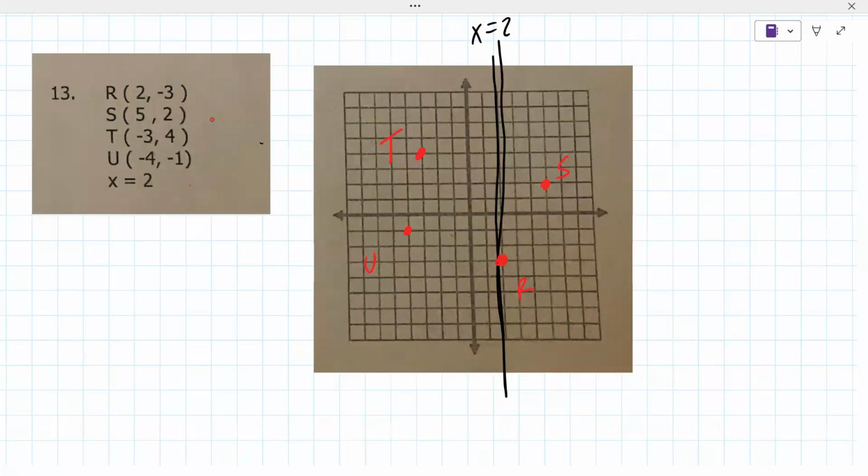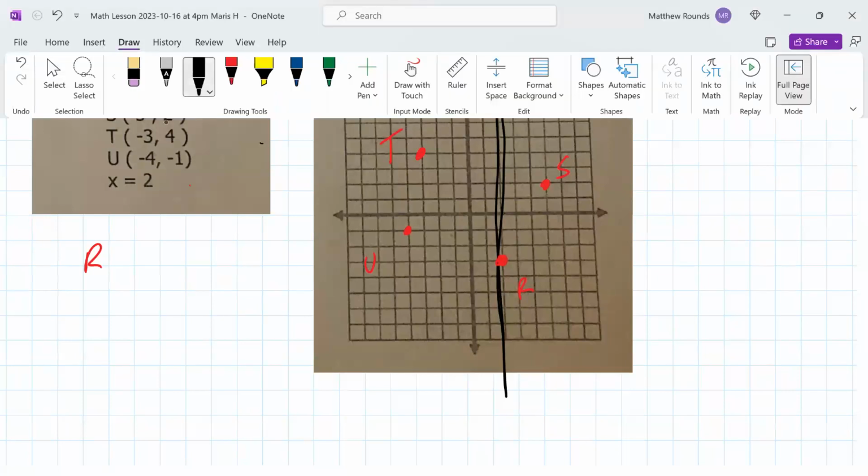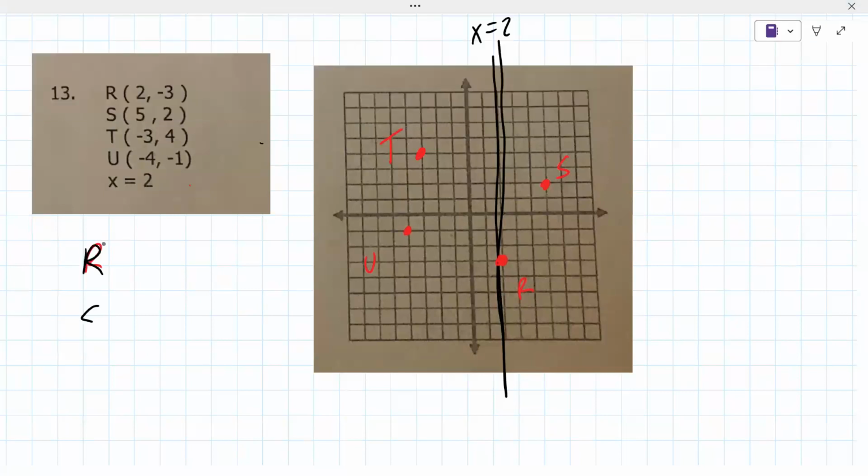U prime is 8, -1. Yeah. Okay. Let's see, U prime. Yeah, looks good.